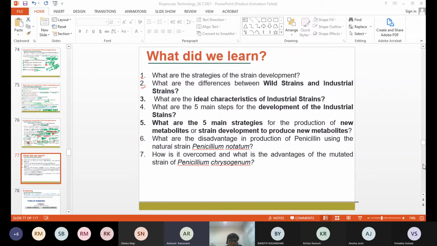So 5 characteristics of the industrial strains. Yes. So they have rapid growth and are genetically stable, and they're non-toxic to human beings.